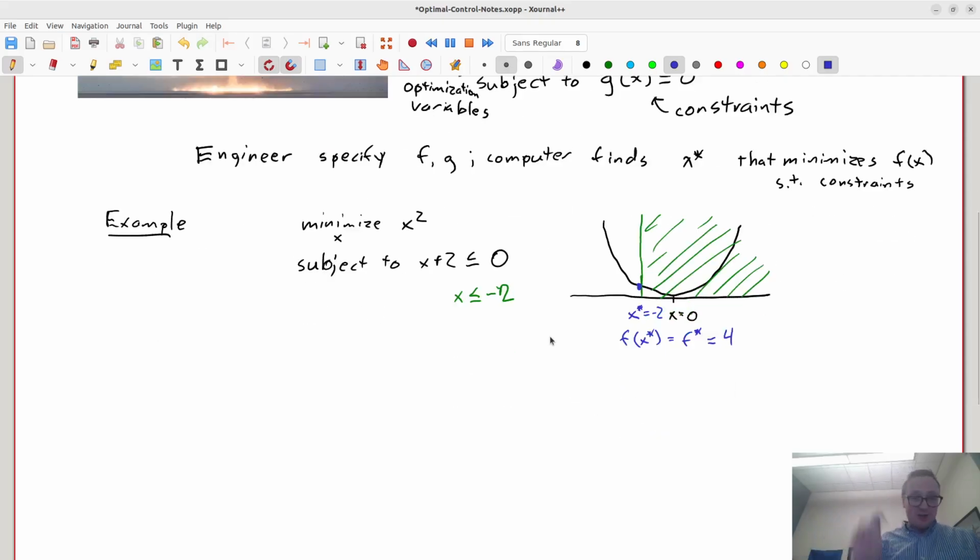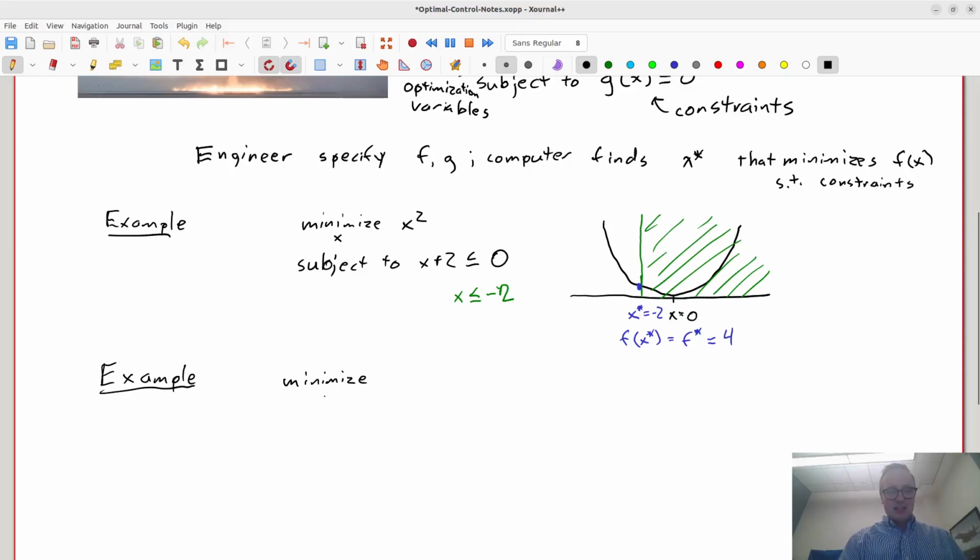We might also have more than one scalar variable. So if I say minimize a sum of squares of two different variables.